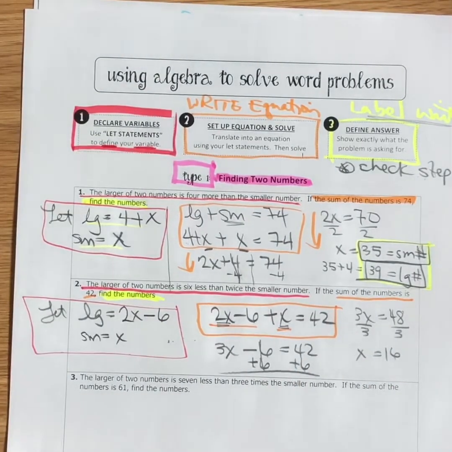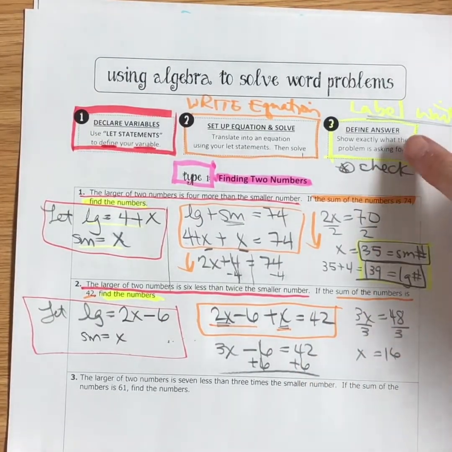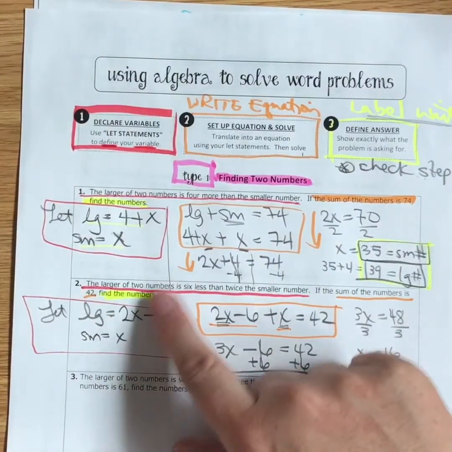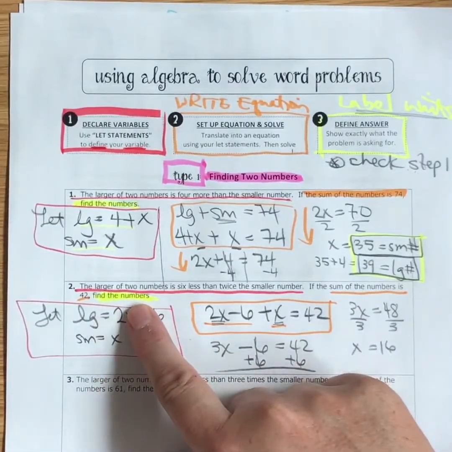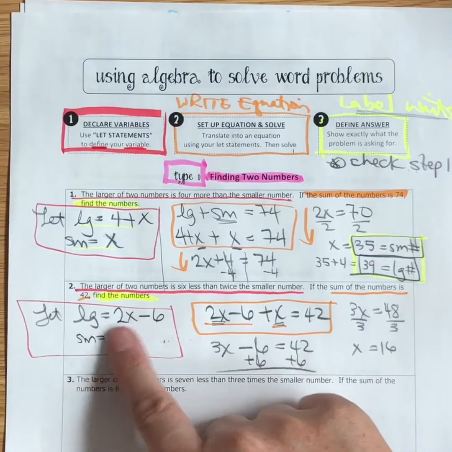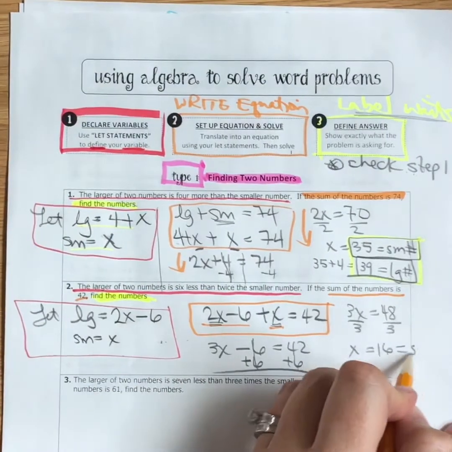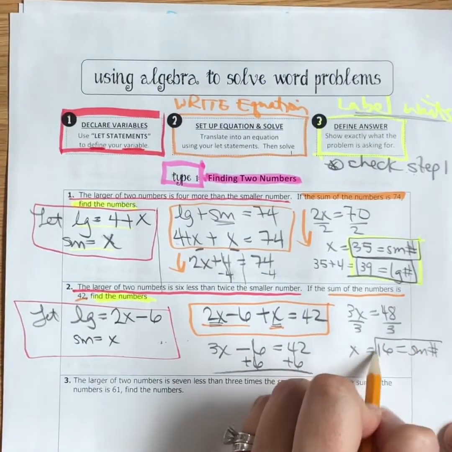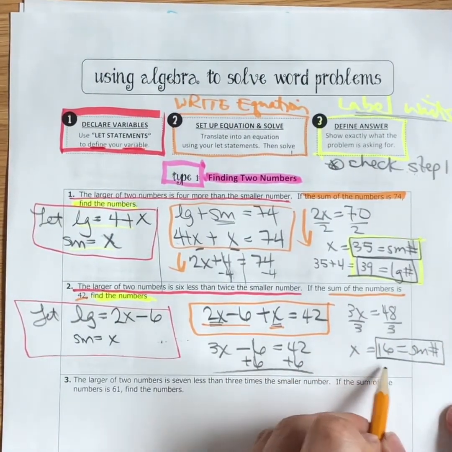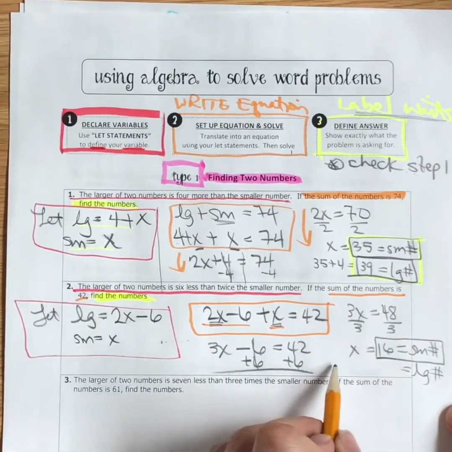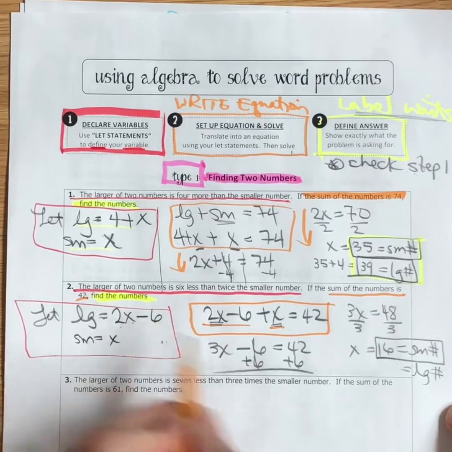Now remember what I said about defining the answer. And you always want to check step 1. So step 1 and what I highlighted where it says find the numbers and it's plural, that means you have two answers. Well, just plain x, we know that this is the small number, so that's one answer, but then we have to plug it in. To find the large number, we have to plug 16 in, and we have to do 2 times 16 minus 6.